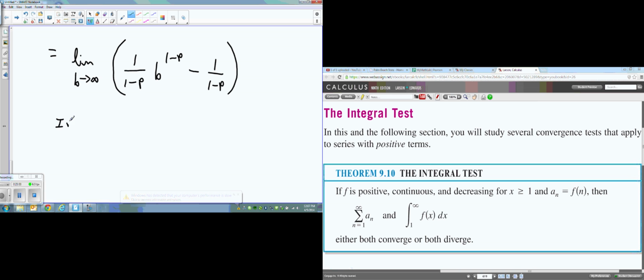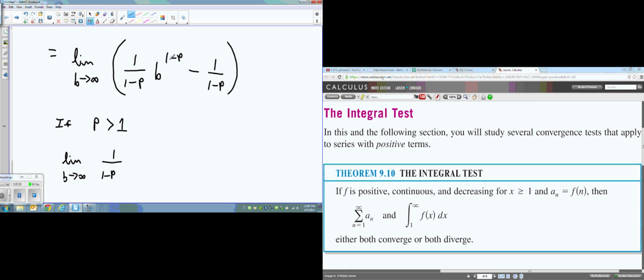If p is greater than 1, then what you have here is this. This is the limit as b approaches infinity of 1 over 1 minus p, and then this would be in the denominator because it would be negative.